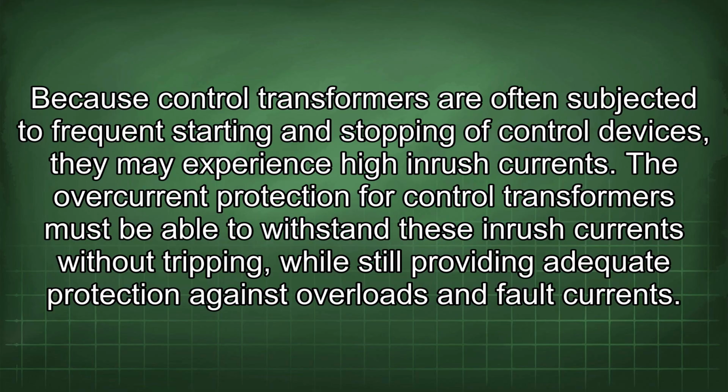Because control transformers are often subjected to frequent starting and stopping of controlled devices, they may experience high inrush currents. The overcurrent protection for control transformers must be able to withstand these inrush currents without tripping, while still providing adequate protection against overloads and fault current.